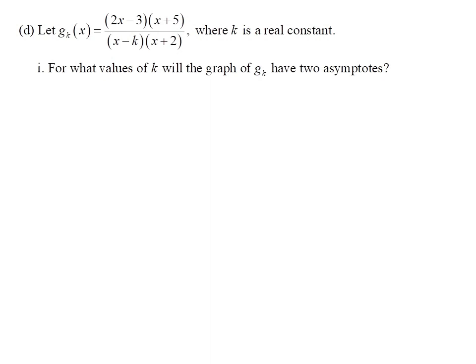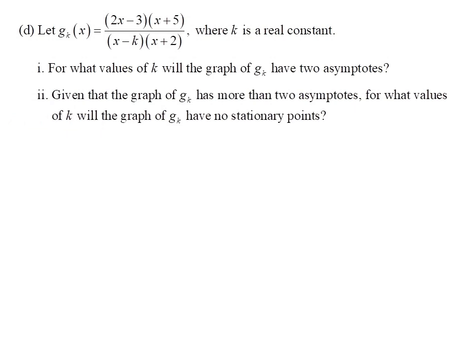Accordingly, there are 2 sections in part D. Section 1 is to find values of k such that g sub k of x has 2 asymptotes. Section 2 is to find values of k such that the graph of g sub k of x has no stationary points, given that g sub k of x has more than 2 asymptotes.